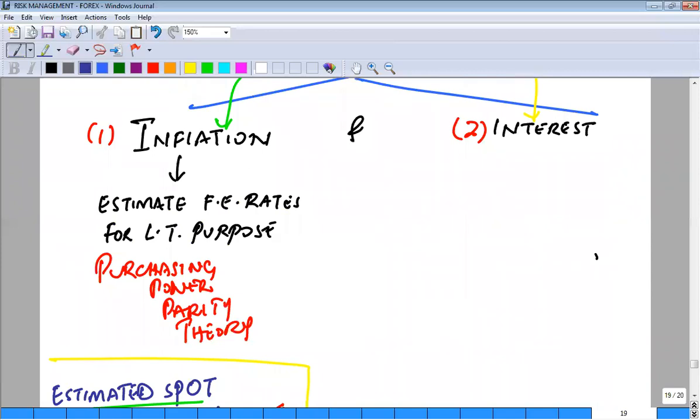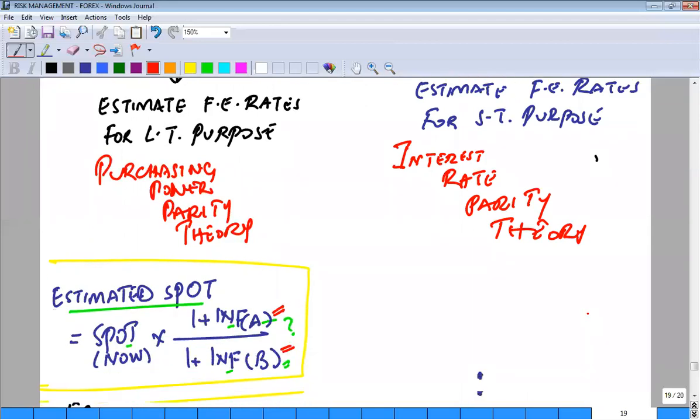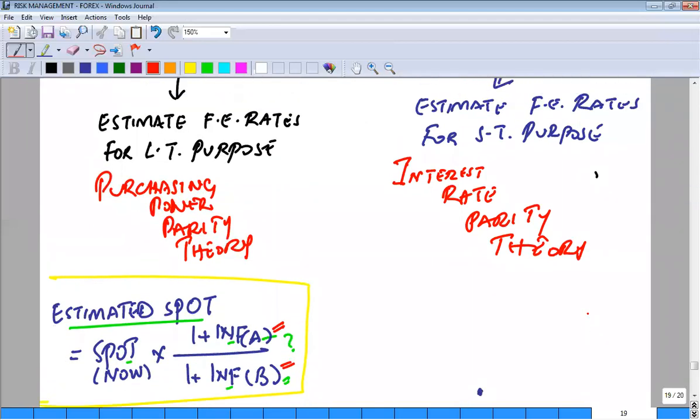And we can say that we estimate foreign exchange rates for short-term purposes, and this is called interest rate parity theory. And this is short term.